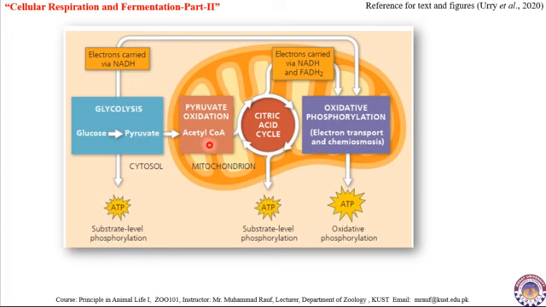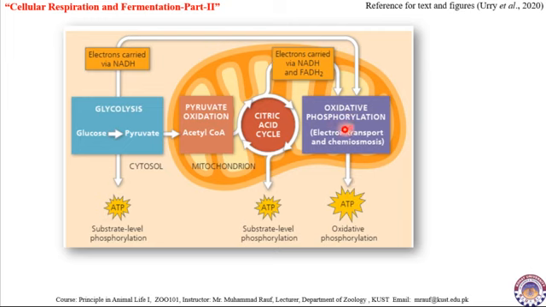Then this pyruvate enters mitochondria where pyruvate oxidation takes place, where the process of oxidative decarboxylation converts pyruvate to acetyl coenzyme A. Then this enters into Krebs cycle or citric acid cycle, which produces more NADH and FADH2, and then all these electron carriers shuttle their electrons to the electron transport chain. 2 ATPs are produced here, 2 ATPs are produced here, and 26 to 28 ATPs are produced here.